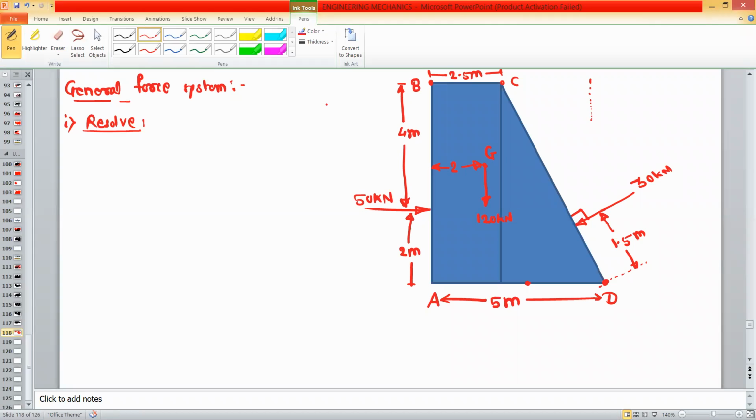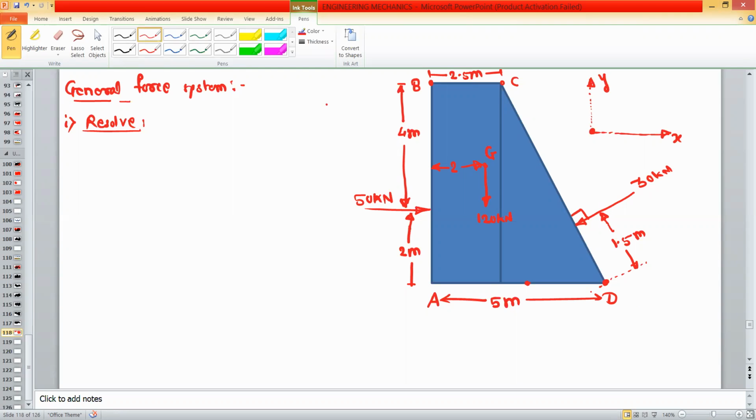So vertical will be the y axis and this will be the x axis. So this is just for reference, so you can understand the x direction and the y direction. So you can assume this vertical line AB as a y axis and this horizontal line AD as a x axis.